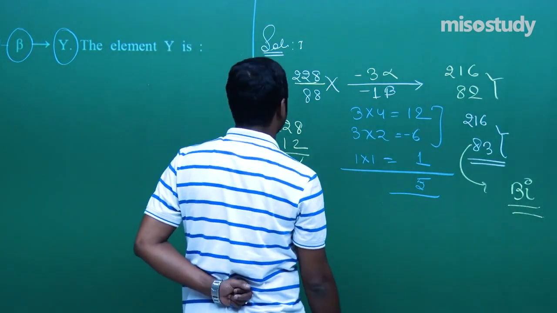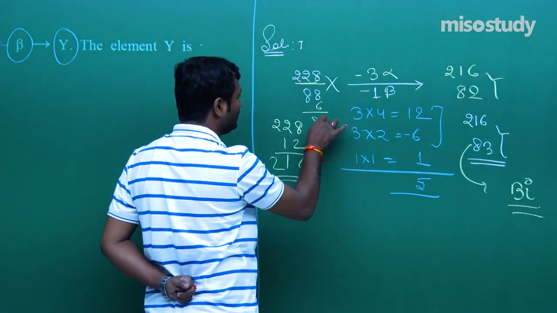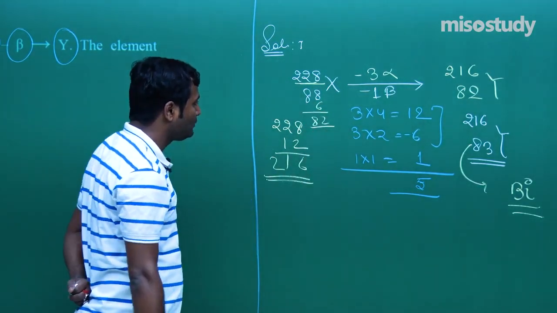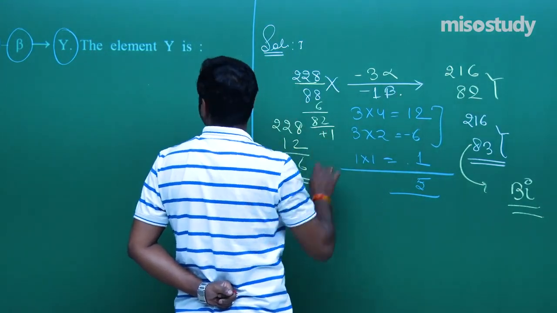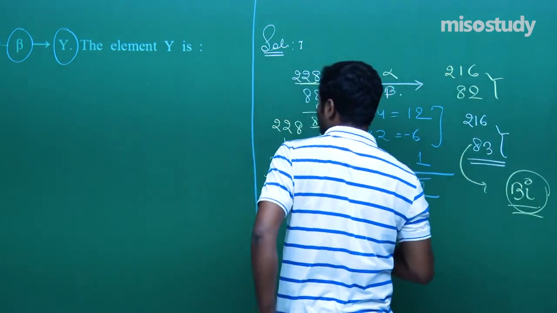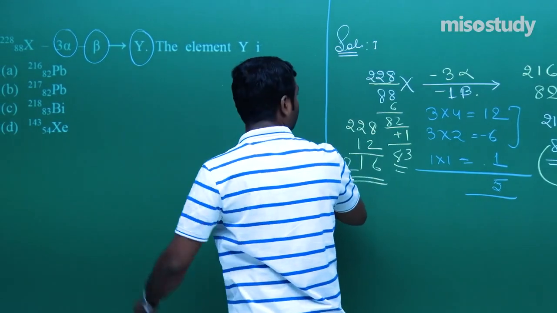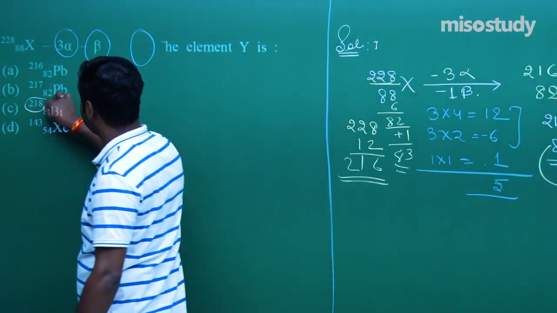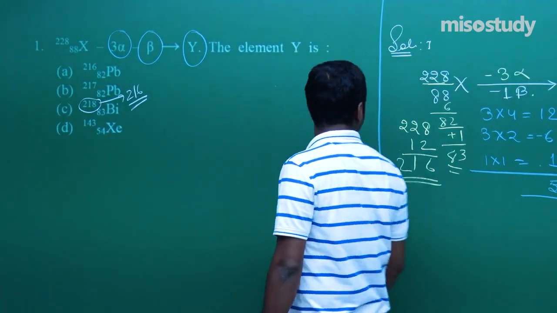And 88 minus 6, that is 82. Yes sir, 82. And again, if a beta particle is emitted, then it is plus 1. The atomic number of bismuth is correct, but here the mass number differs. So I will modify the answer. It will be better to represent it as 216 83 bismuth.